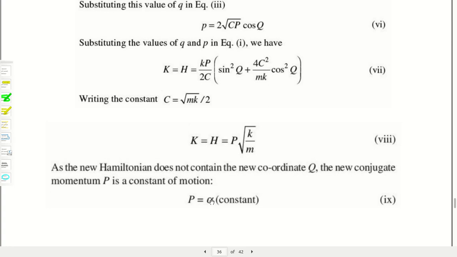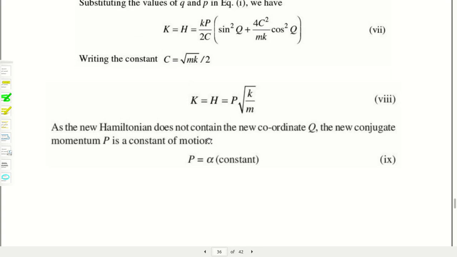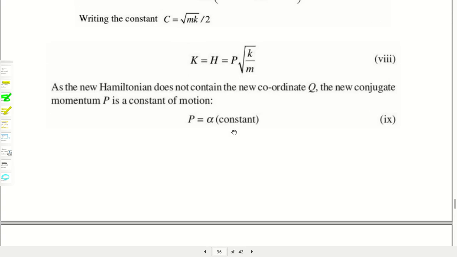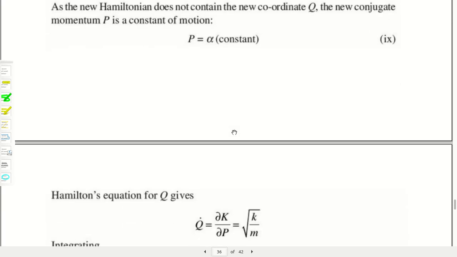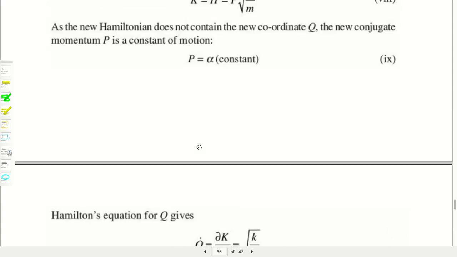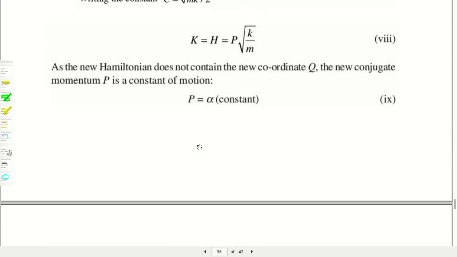Just consult the Hamiltonian equation of motion, you can find that P dot is equal to 0. That means P is equal to a constant, and the constant is assumed here to be alpha. So K is equal to a constant. So the Hamiltonian is constant and equal to the energy. That is also verified.